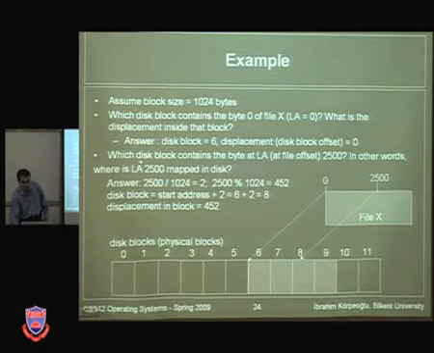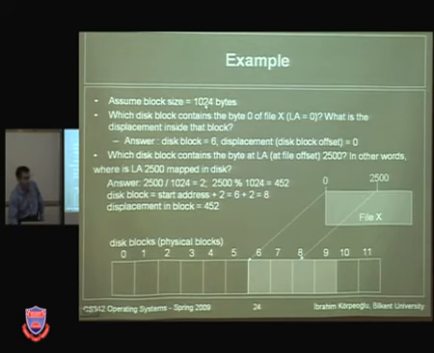The question is, which disk block contains the byte at offset or logical address 2500? In other words, where is logical address 2500 mapped in the disk, okay? If you have the picture, the question is very easy to answer. But if you don't have the picture, what do you need to do? First, we can divide the offset by the block size.